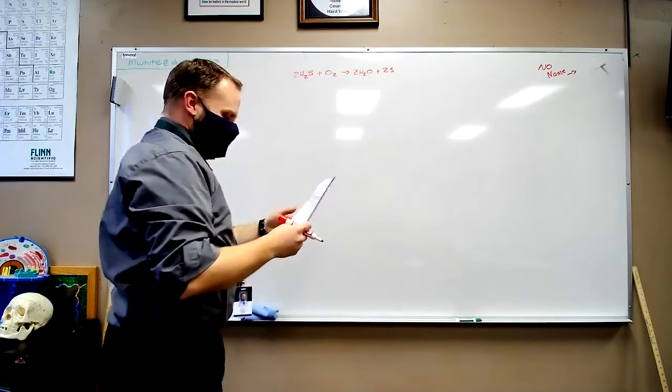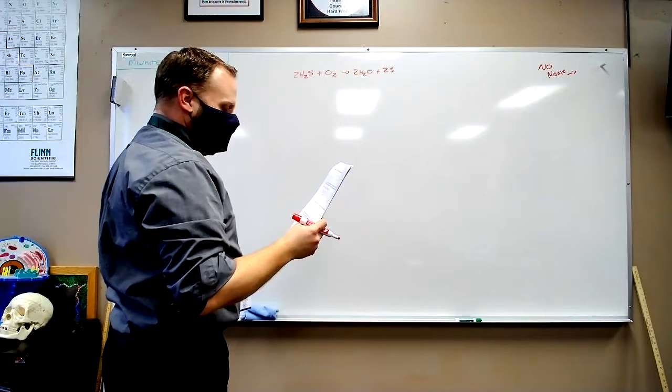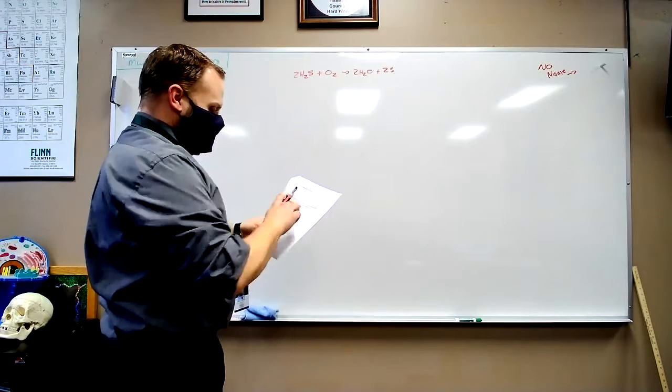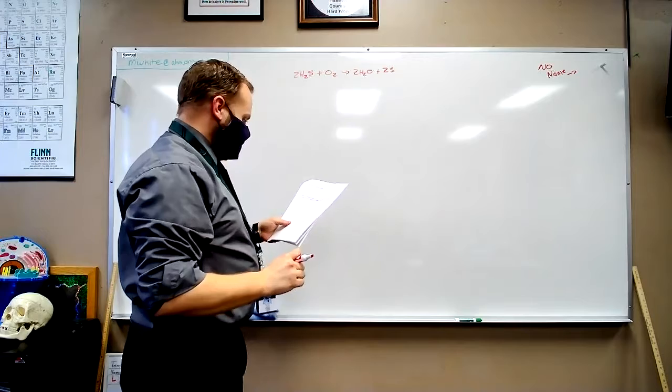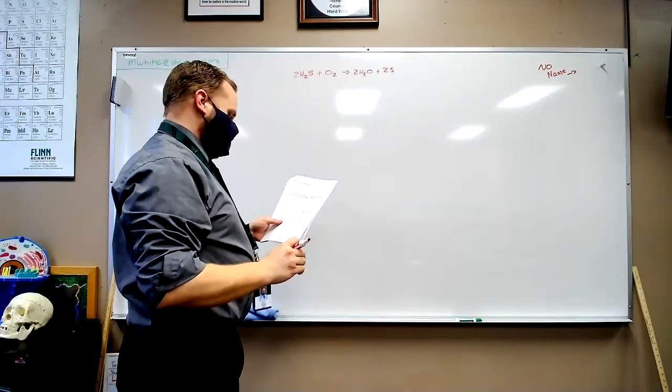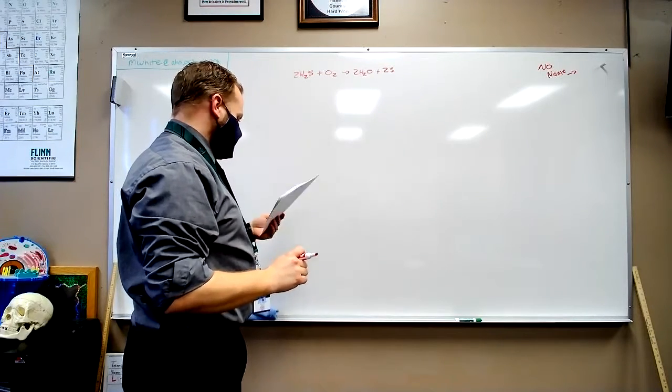But anyway, we've got 12.6 liters of hydrogen sulfide. It reacts completely, 3.25 atmosphere and 542 Kelvin. So we want to know how many grams of water vapor will be produced.